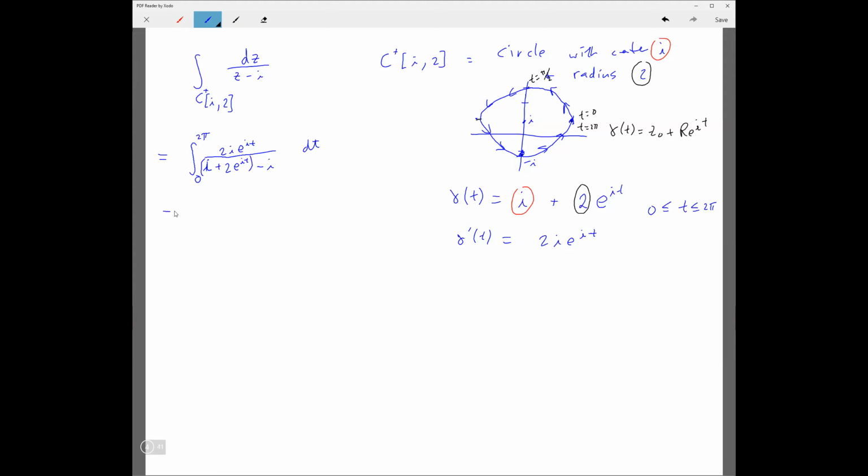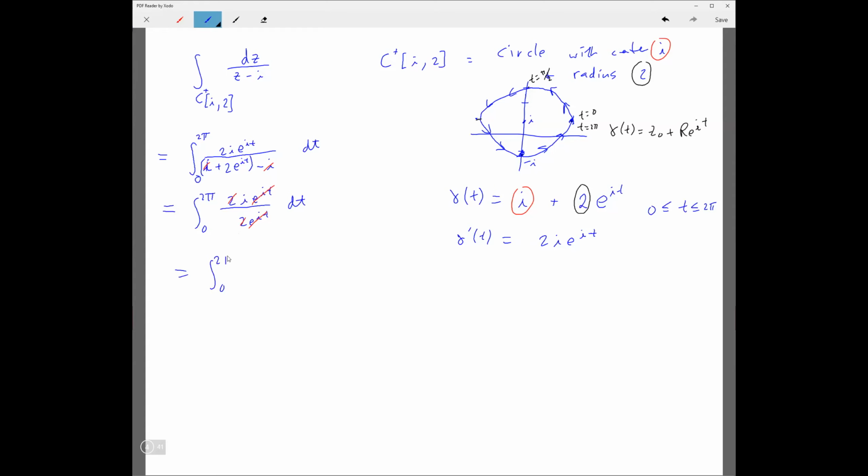And this is nice because, first of all, these i's are going to cancel, right? And so you're going to end up with 2i e^(it) over 2e^(it). And then the 2's cancel, and so do the e^(it)'s.